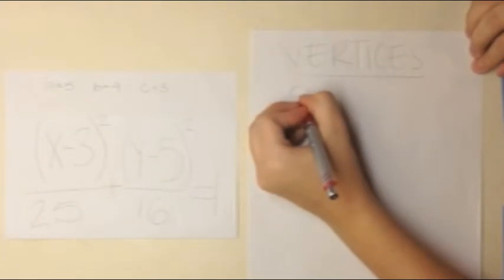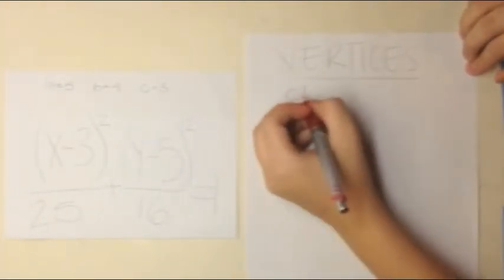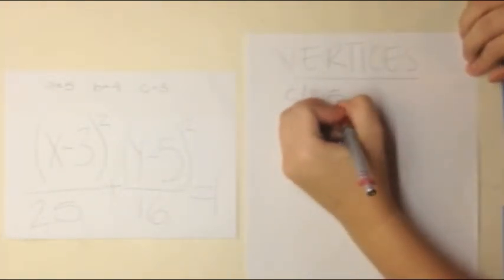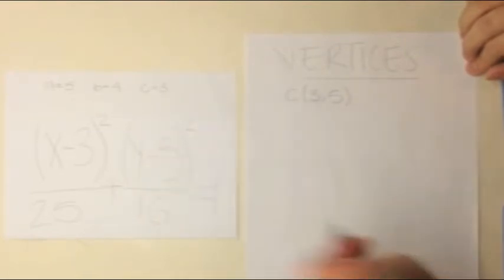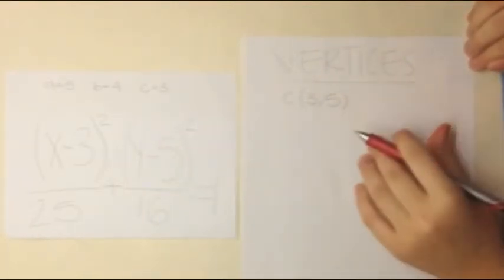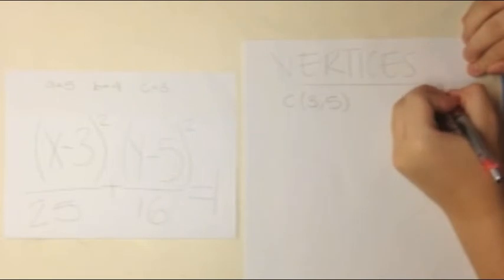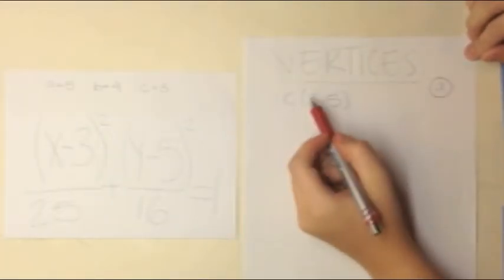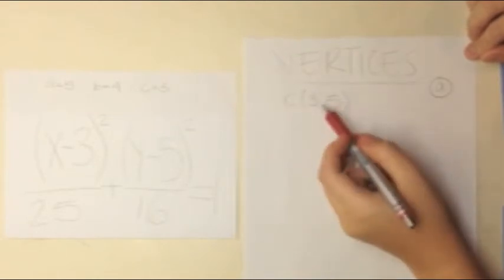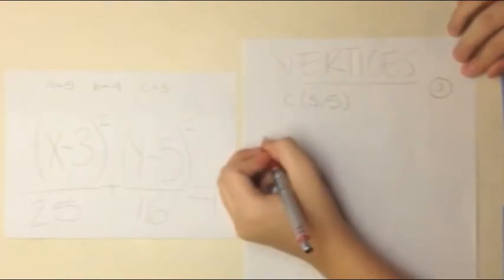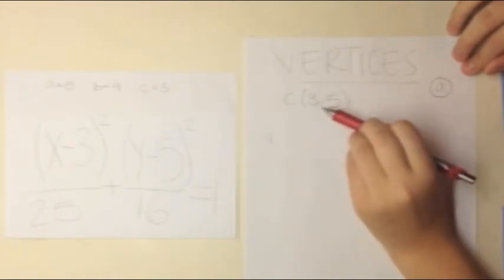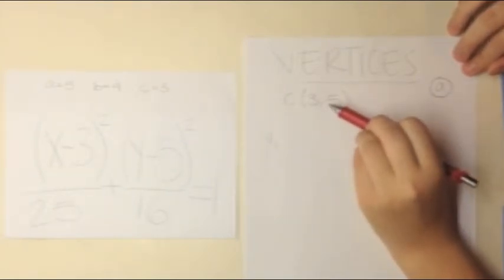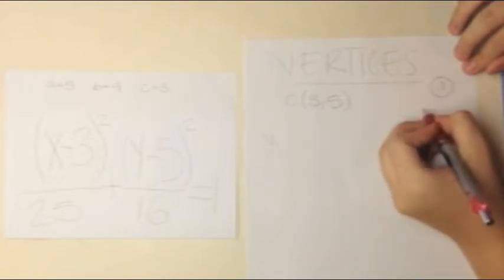To find out the vertices, we already know that it changes on the h value. So we have to remember again the center, which is 3, 5, according to our example. Vertices change with the a. We have to figure out the vertex of the negative side and the vertex of the positive side. So for v1, we have to add and subtract in the x the value of a.